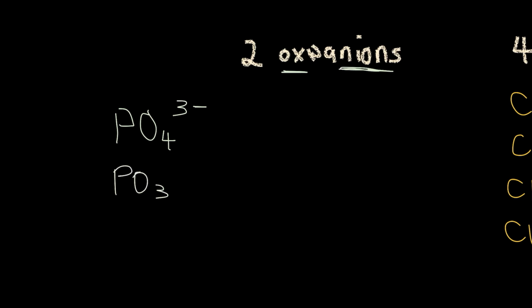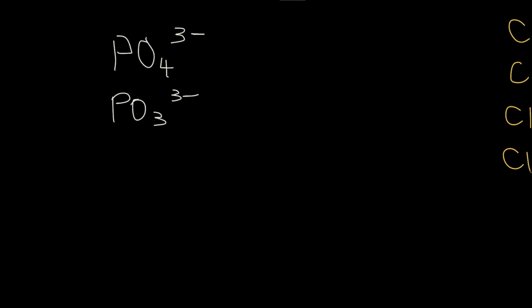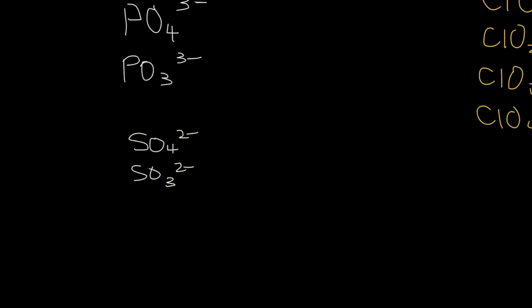But if it has a 3, it's going to be phosphite. So the thing is, with 2 oxoanions, I'll just write it out for you. We also have sulfate and sulfite. We'll figure out the pattern in just a bit. And we also have nitrate and nitrite.